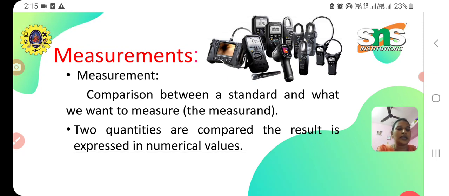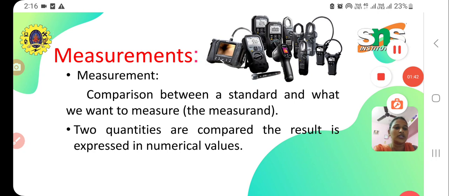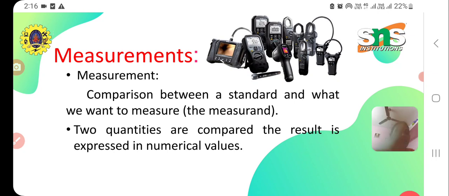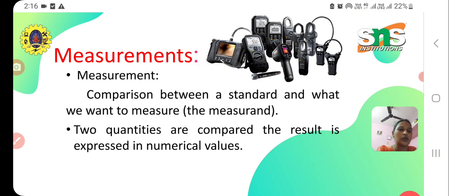Let's see what measurement means. Measurement is simply a comparison between a standard and what we want to measure, which is the measurand. Measurand means the quantity to be measured. So measurement is essentially the act of a quantitative comparison between a given quantity and a quantity of the same kind chosen as a unit.